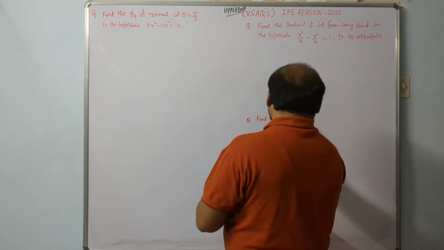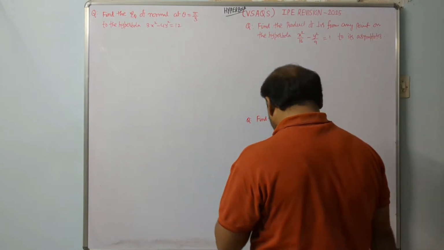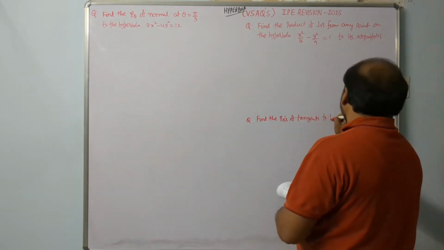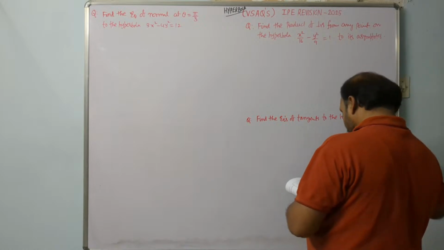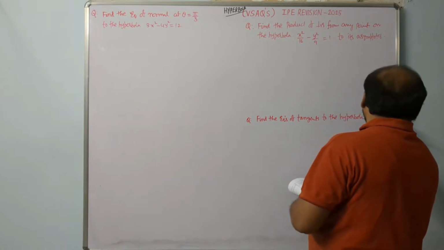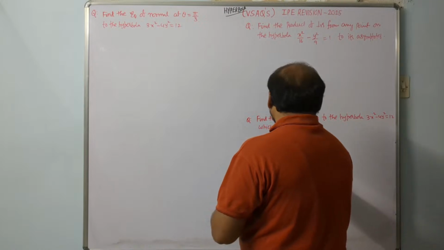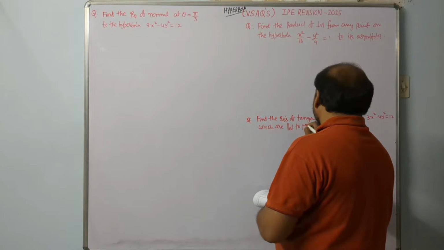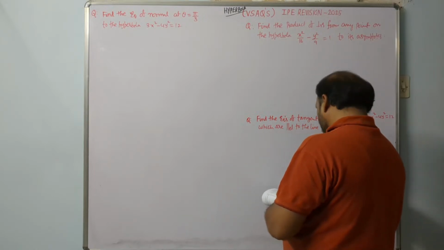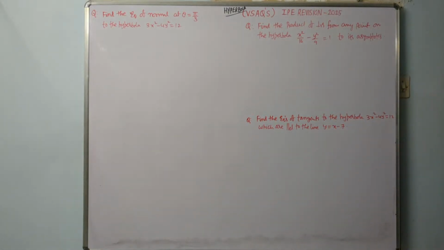Find the equations of tangents to the hyperbola 3x square minus 4y square equal to 12, which are parallel to the line y is equal to x minus 7.